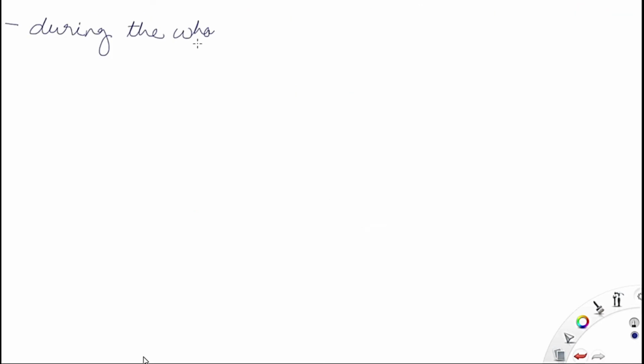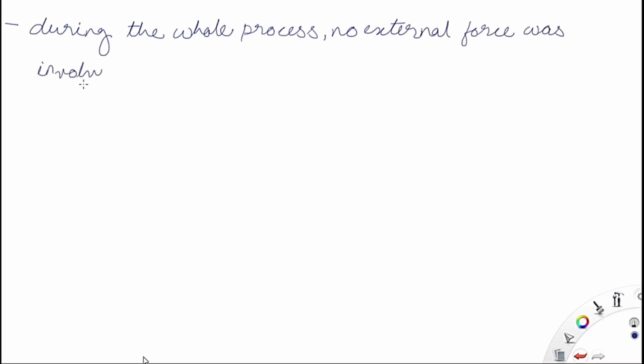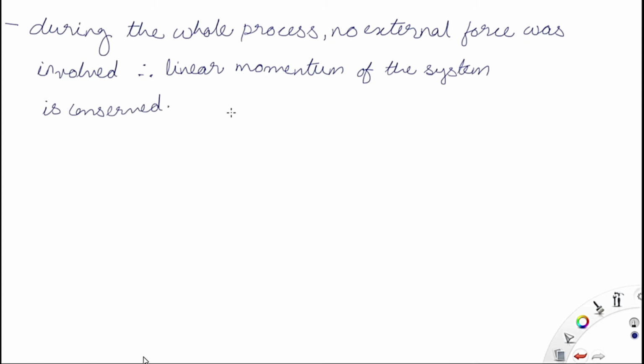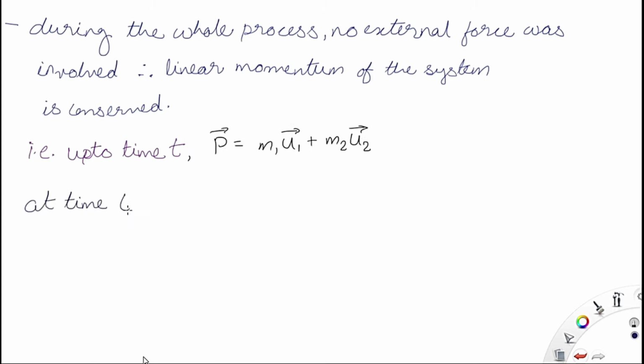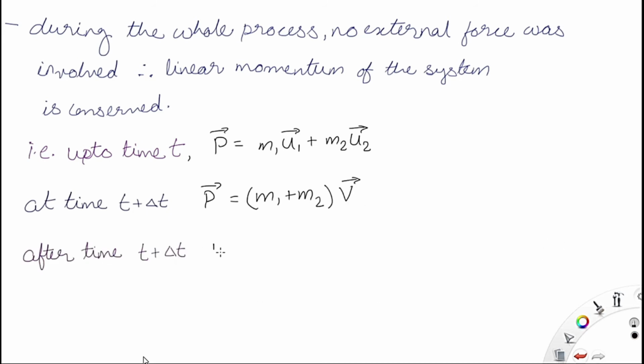During the whole process, there was no external force associated with the motion. That's why the linear momentum is conserved, meaning initial linear momentum is equal to final linear momentum. Energy is also conserved, which we will see next. Up to time t, the linear momentum was m1 u1 plus m2 u2.